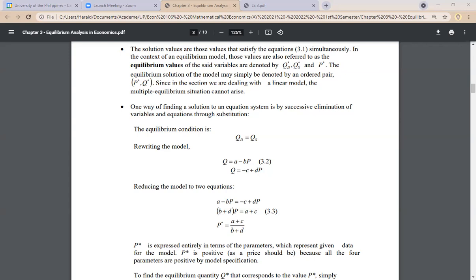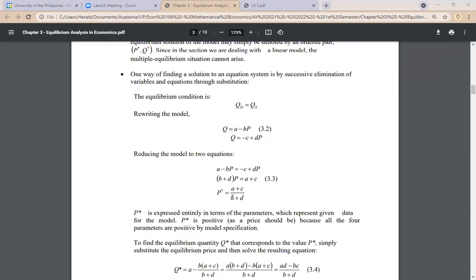One way to find equilibrium, again, is by successive elimination of variables and equations through the substitution method. From equating those two functions, we have P star. We have an equilibrium price that is equal to A plus C over B plus D. The condition there is that the denominator B plus D should not be equal to 0.